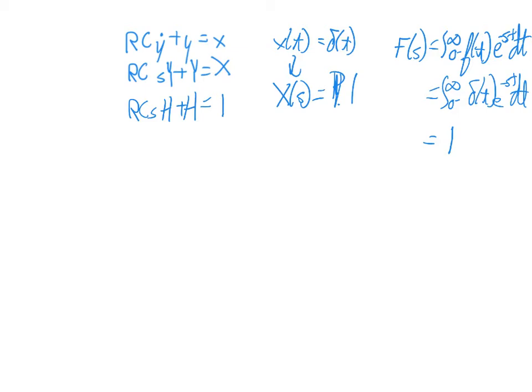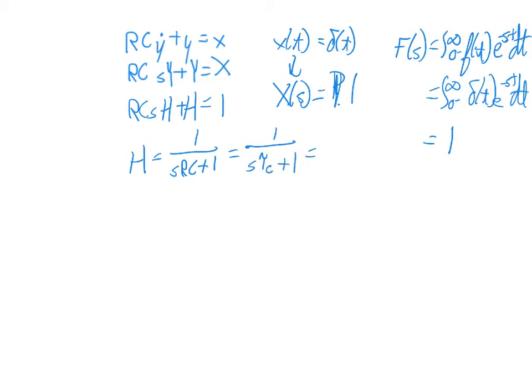So I solve this for H by factoring. So that was just rearranging the equation. Now I'm going to go ahead and substitute in. We called RC tau c, which is the time constant.